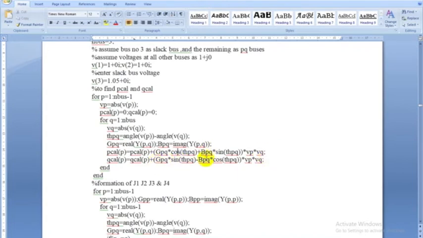So here also same. These formulas are derived in the theory class, and these same formulas are used here. And here G is nothing but conductance of that admittance matrix. This is susceptance that you have to consider here.